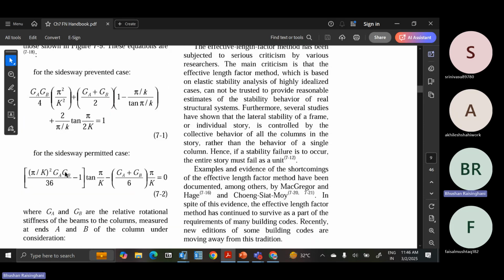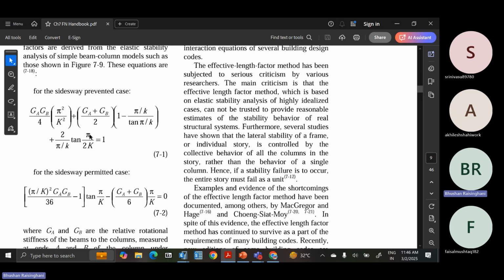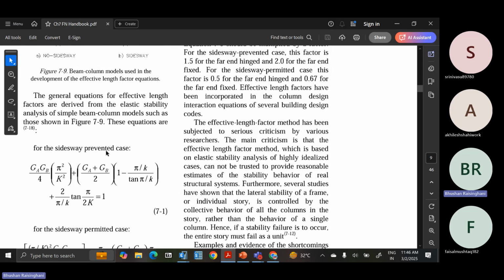So GA and GB divided by 4, pi square upon K square, plus (GA plus GB) by 2, times (1 minus pi by K tan pi by K), plus 2 tan(pi by 2K) by pi by K. So it is taken from Euler formulation. If that is equal to 1, then the sideway will get prevented.